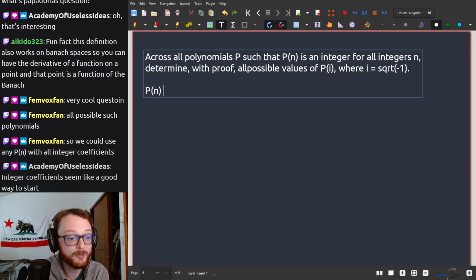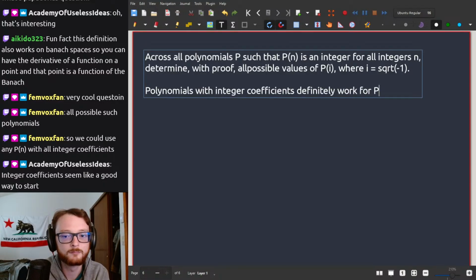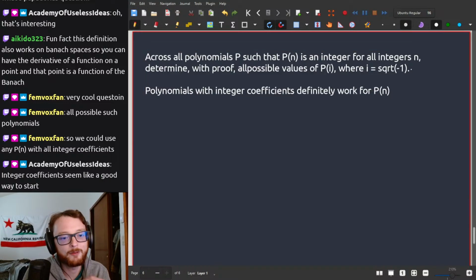I don't know if they must have integer coefficients. I feel like they probably do have to, but that's a little bit hard to figure out.